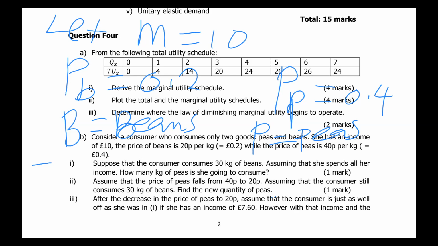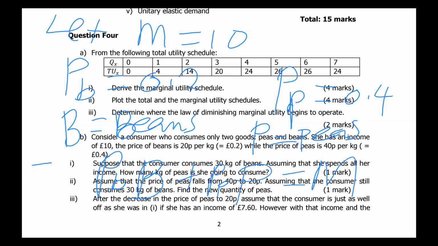So usually the budget constraint will be the price of that commodity times the quantity of that commodity. Let's say for beans, the price of beans times the units of beans, plus for peas, the price of peas times the quantity of peas, should be equal to our income.